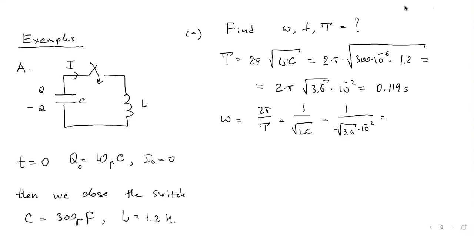It's 1 over 3.6 times 10 to the minus 2. Well, this is omega, yeah? Oh, this is square root of LC, oh, right, if I'm not mistaken. Yeah, 52.7. So it's the radians per second.